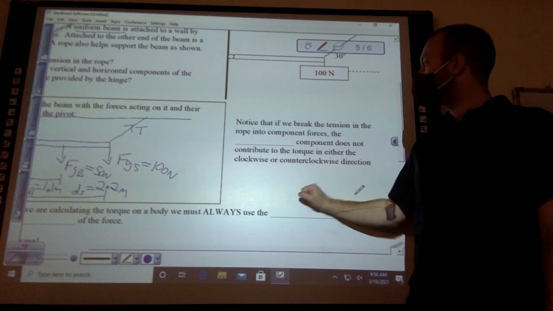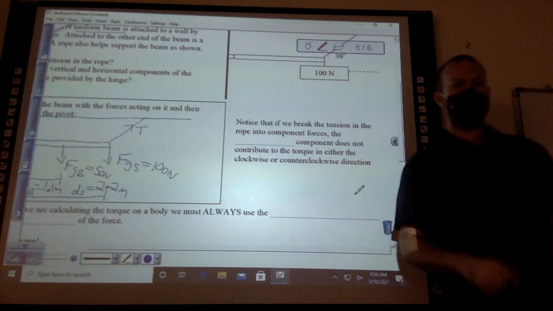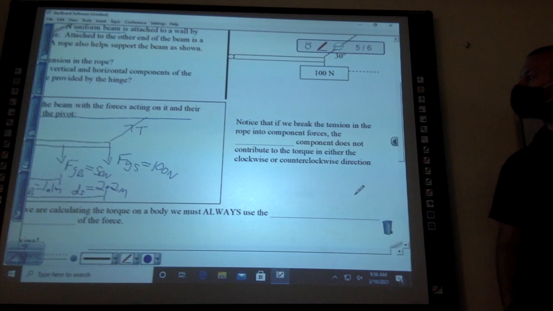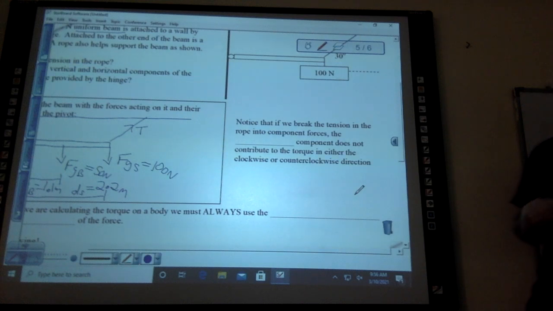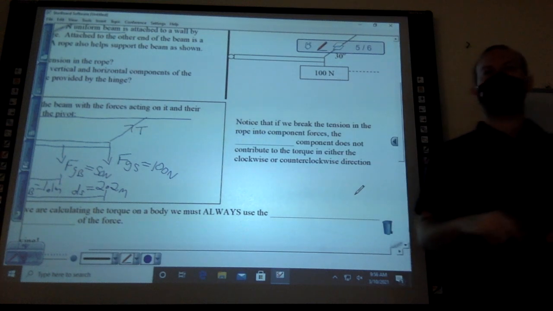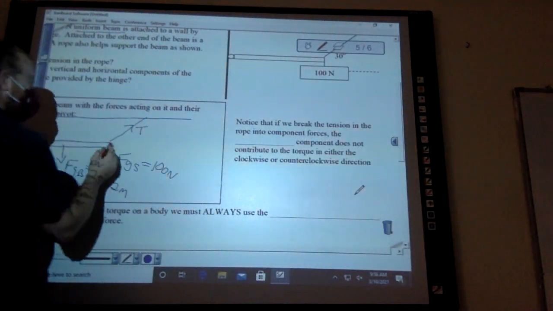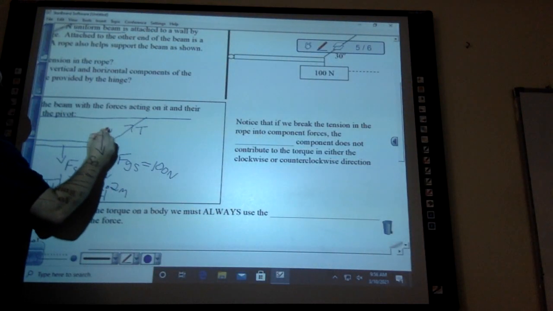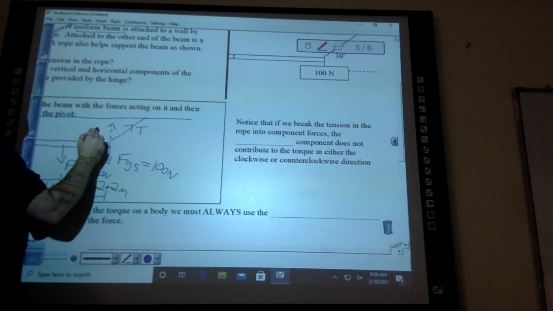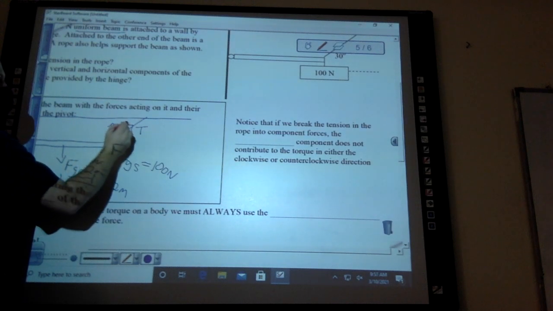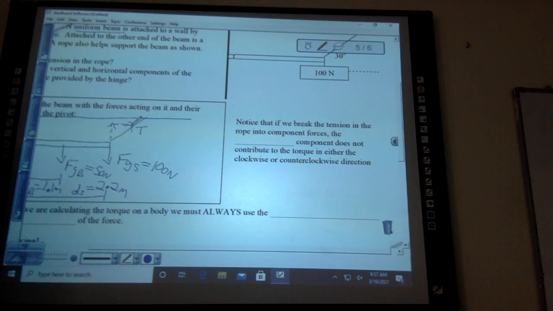So notice something with this situation. If we break the tension in the rope into its components, we're only going to have one portion of it that's going to cause rotation. So I can break this up into two parts. I can do this component here, and I can do this component here.